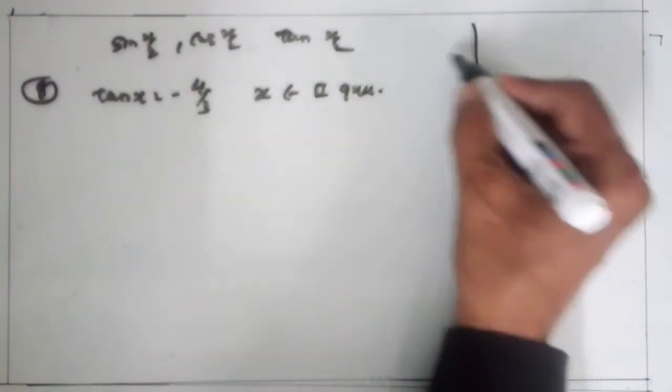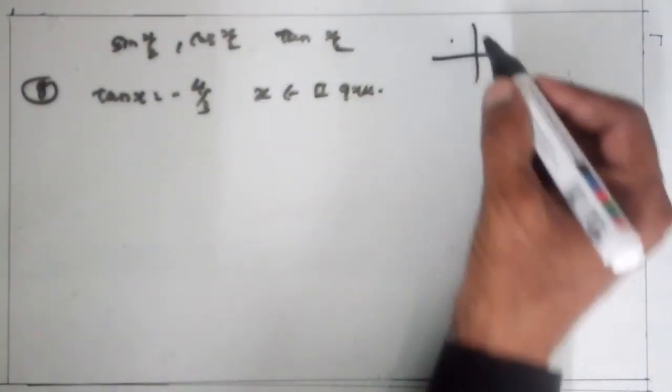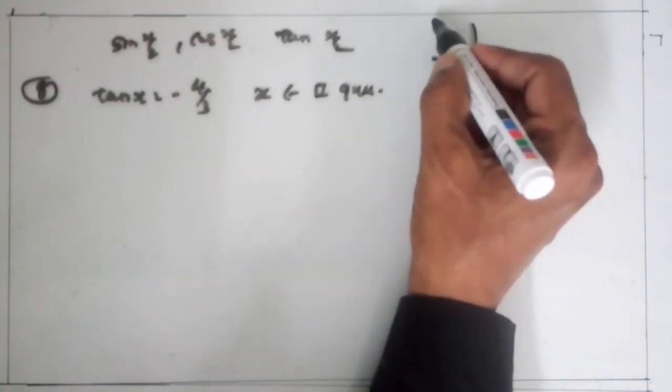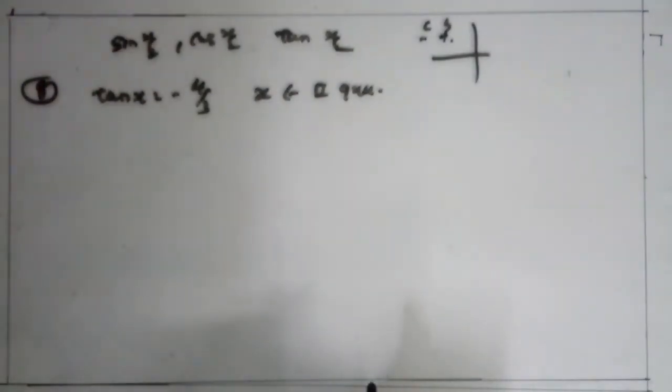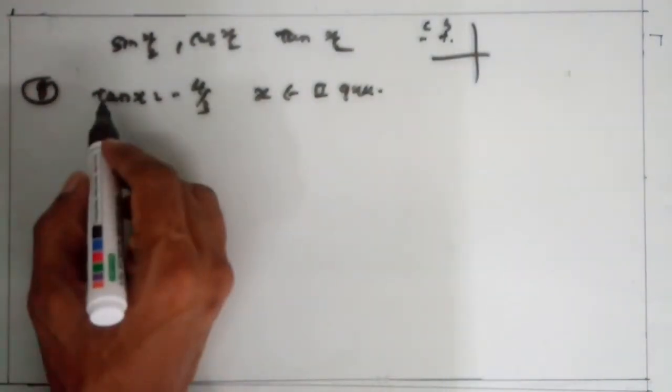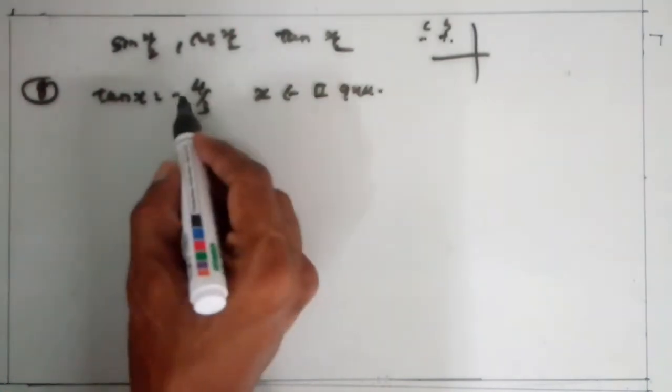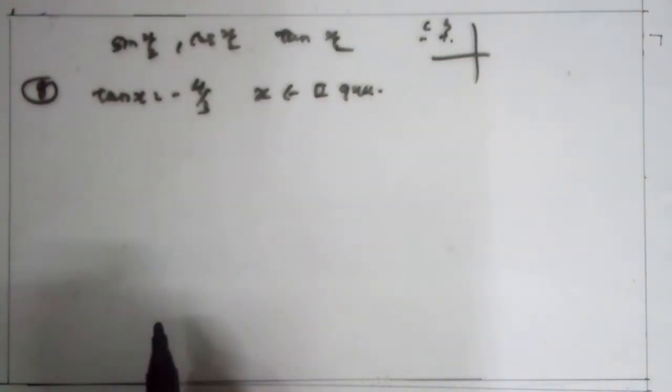So remember this here. In the second quadrant, cos is negative and sin is positive. Clear? Tan x is equal to minus 4 upon 3 given.